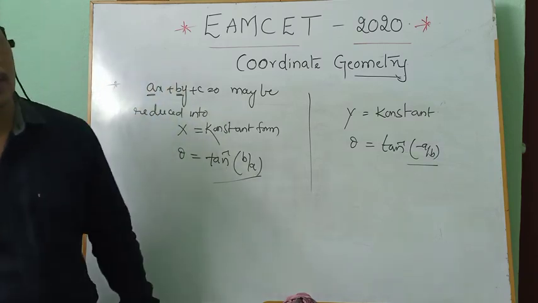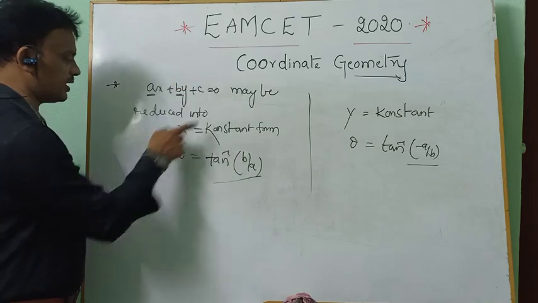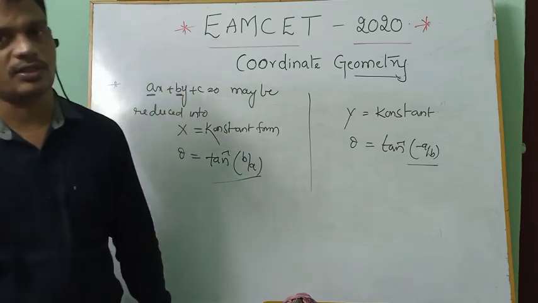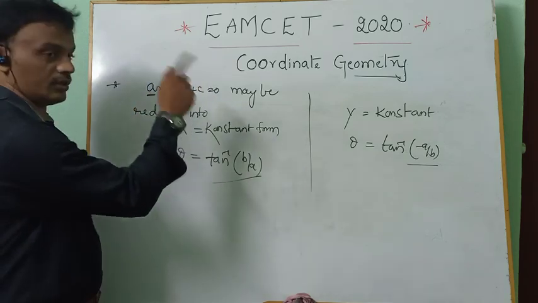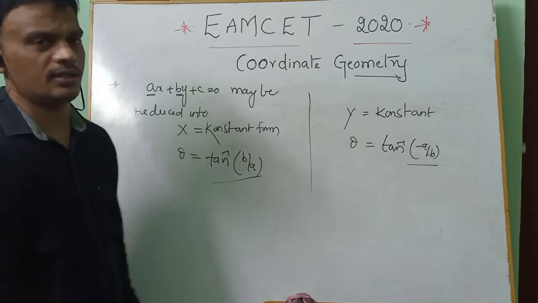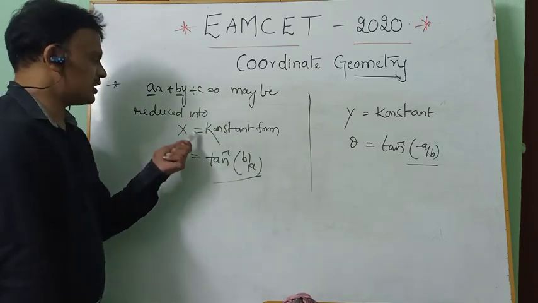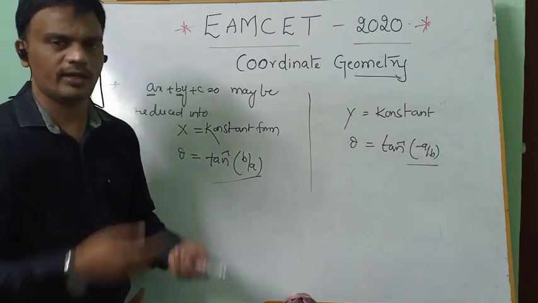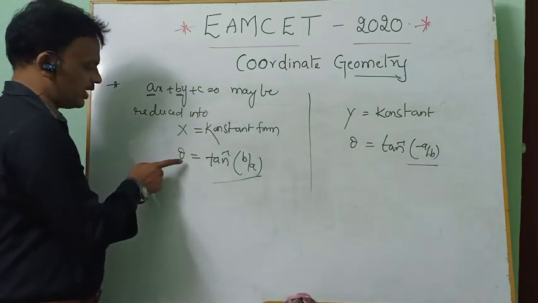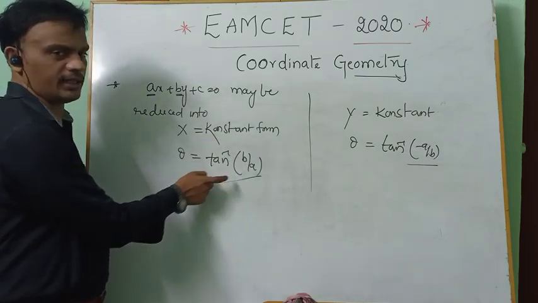In the new system, after rotating through some angle theta, the equation is transformed into the new system equation. In that, the form is x equals constant. That means there is no y term, so just take the coefficient of y equal to 0. In that case, we get theta equal to tan inverse of b by a.